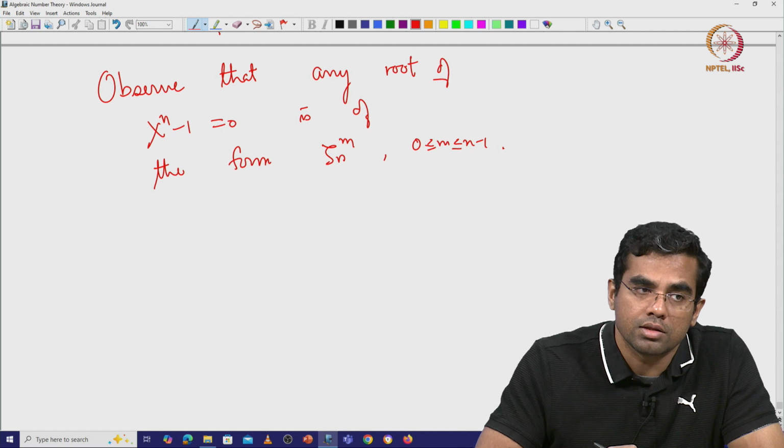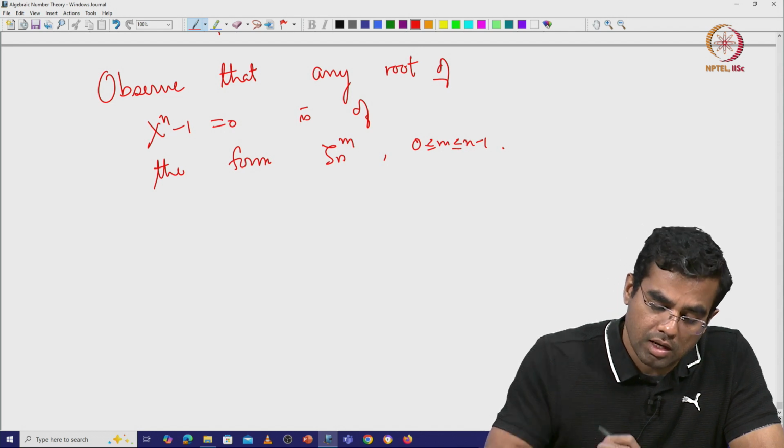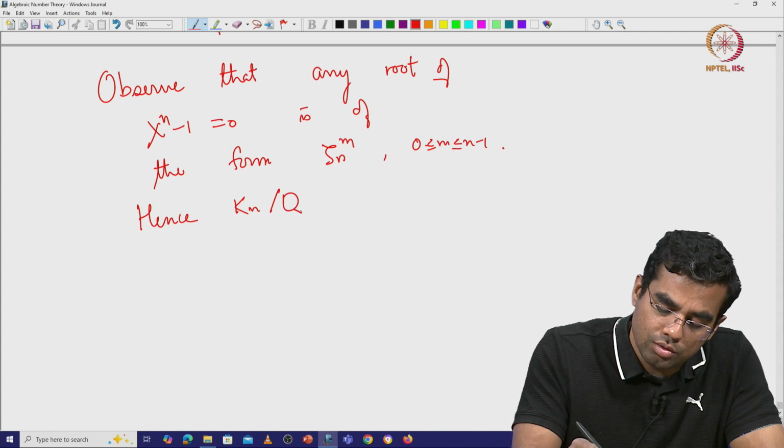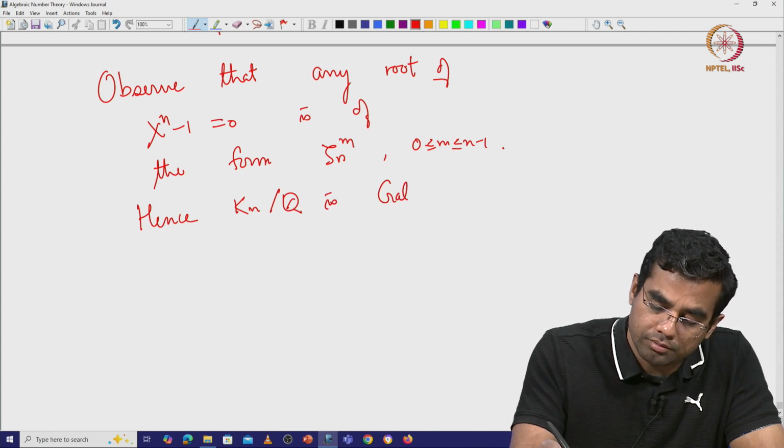So there are n distinct roots like this, and hence K_n over Q is Galois.